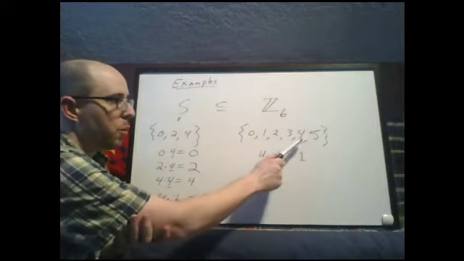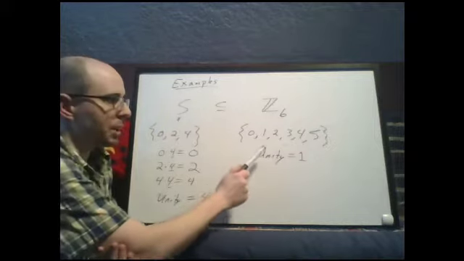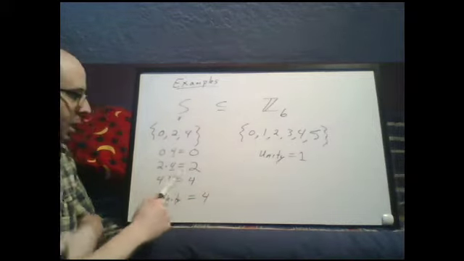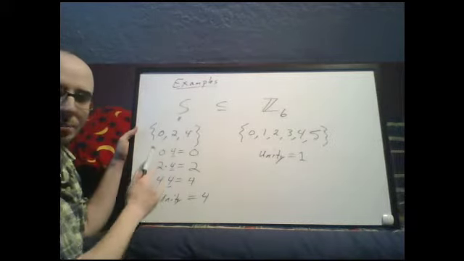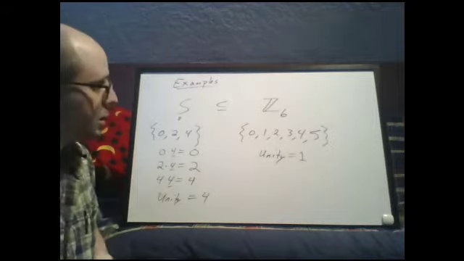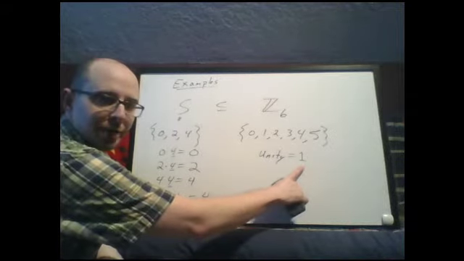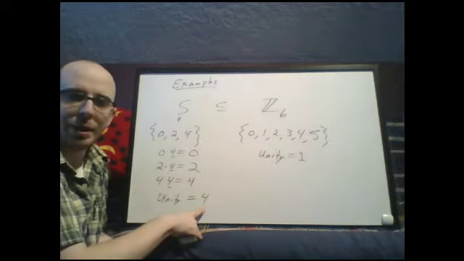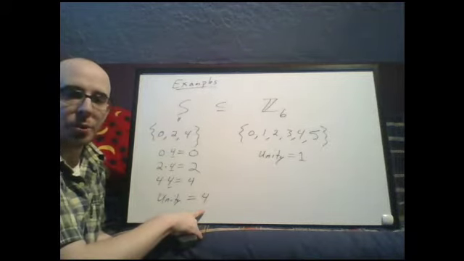So 4 doesn't act as a multiplicative identity element on this big set. It only acts as a multiplicative identity element on this smaller subset. Okay, so Z6 only has a single multiplicative identity, and it's 1. The subring only has a single multiplicative identity element, and it's 4.